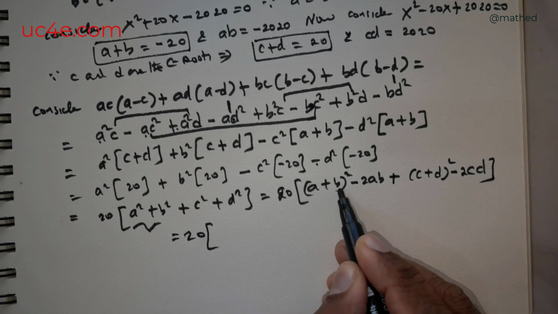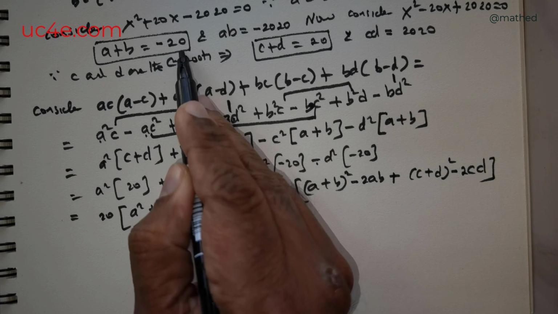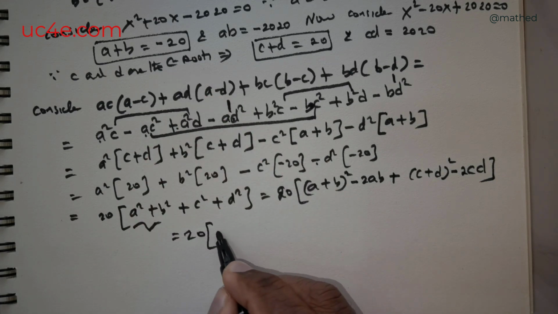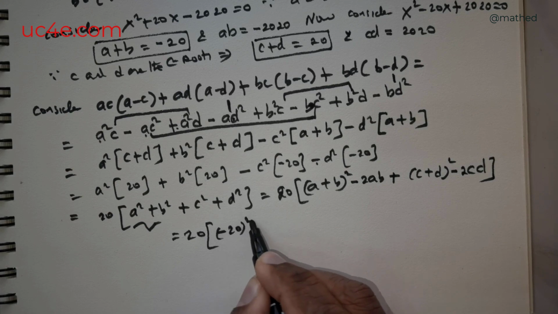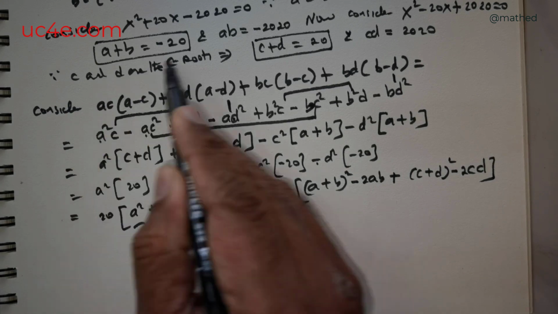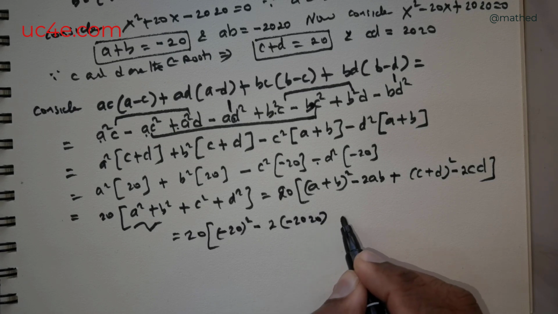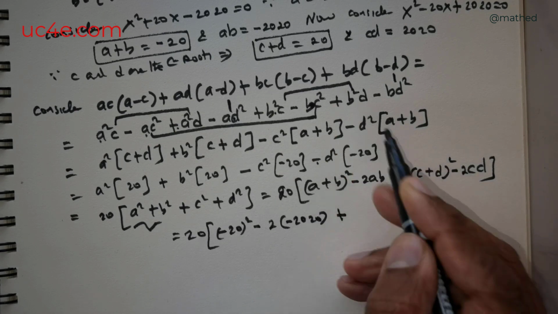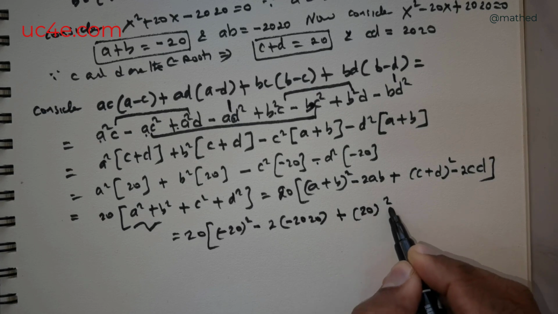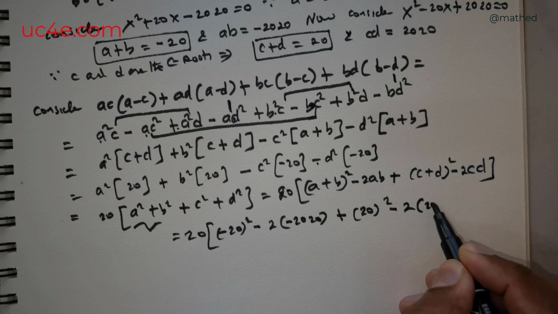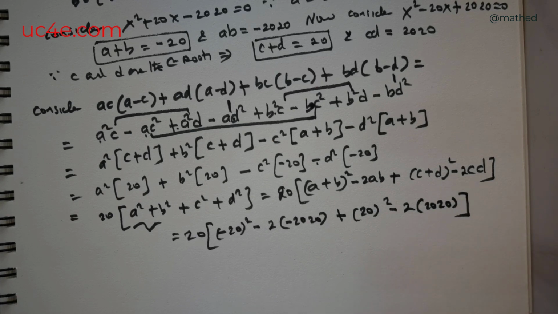So this is equal to 20 times. Now A + B is -20, so (-20) raised to the power of 2, minus 2 times AB, which is -2020, plus (C + D) which is 20 squared, minus 2 times CD which is 2020. Fair enough.